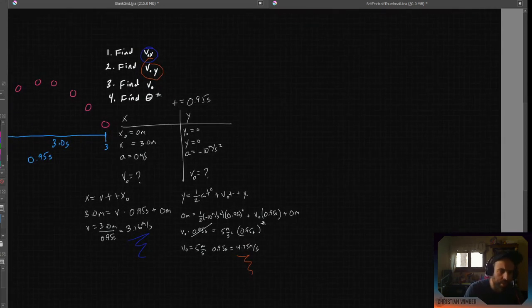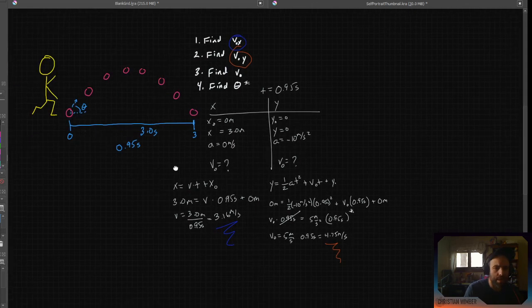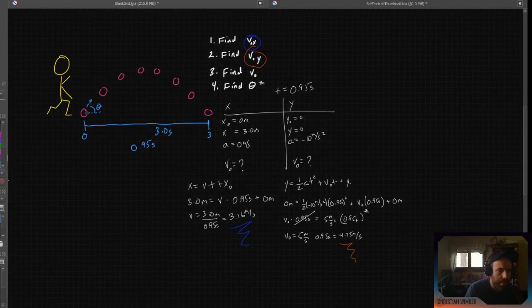Now to find the total, we want to add these together because there is some amount of velocity in the horizontal and there is some amount of velocity in the vertical, and we need to add them together into one total velocity. And we got to figure out what that total velocity is.